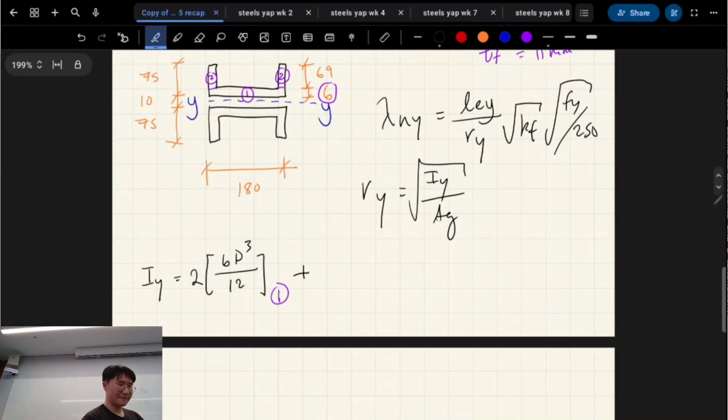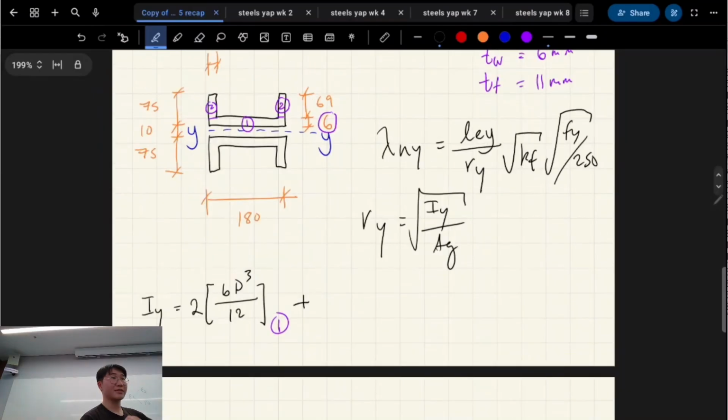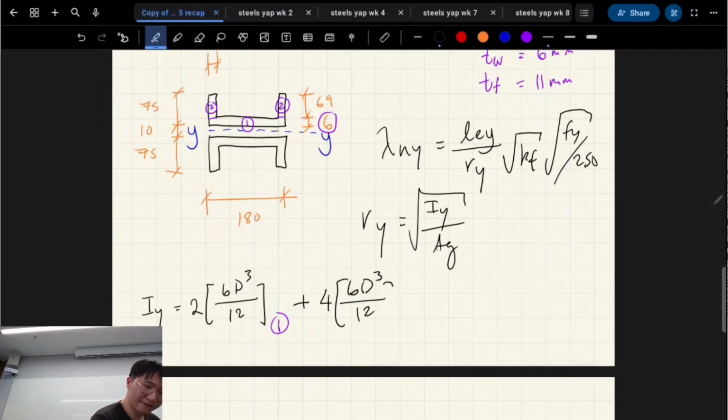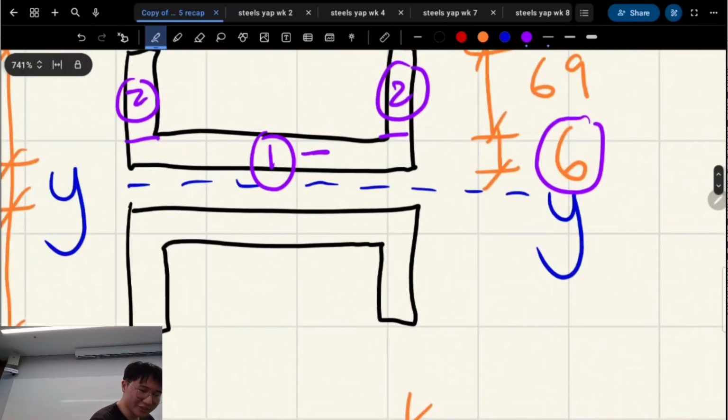As you can see, there's 2 lots of shape 1. There's 4 lots of shape 2: 1, 2, 3, 4, right? We also have to do 2 lots of the parallel axis theorem shift for shape 1. How much do I have to shift this shape up from the centroid?